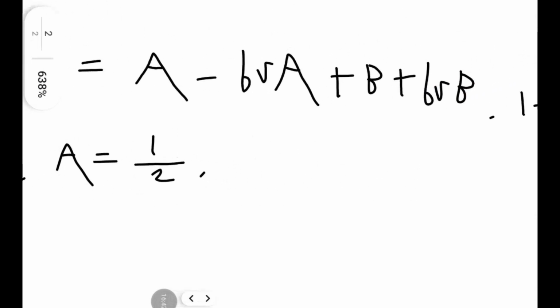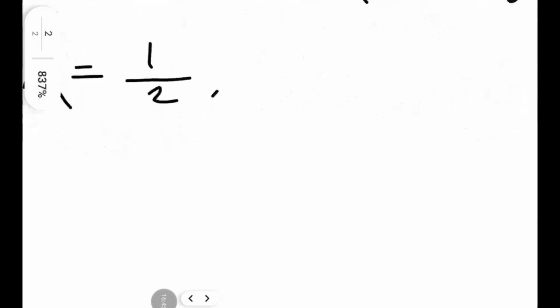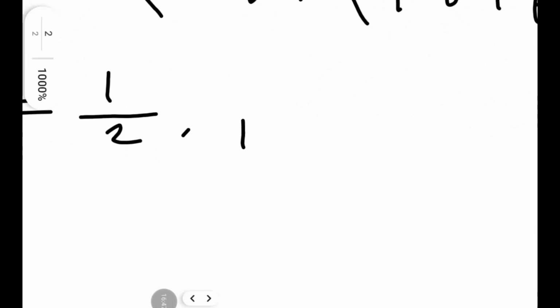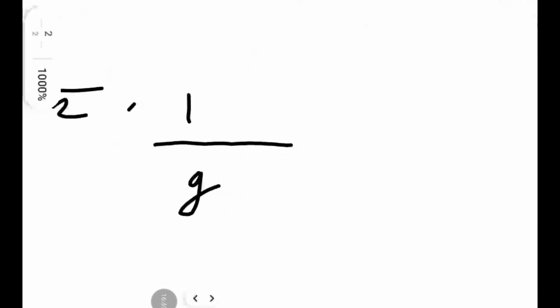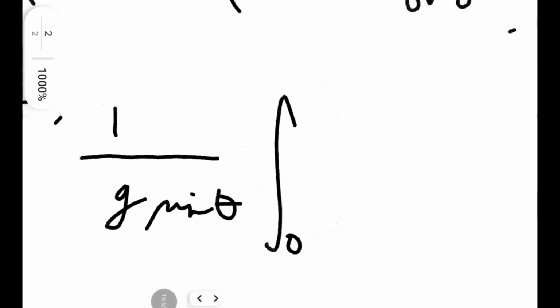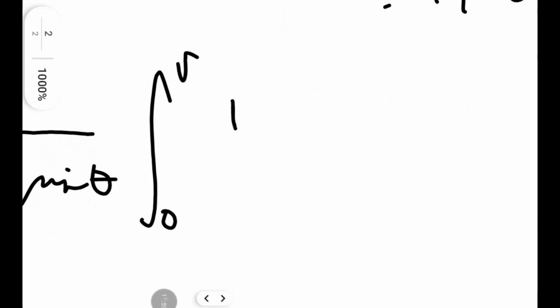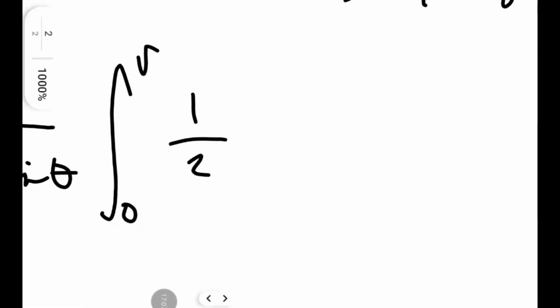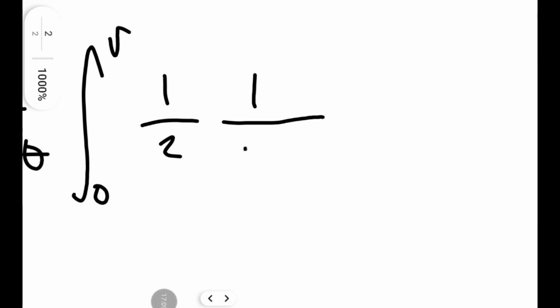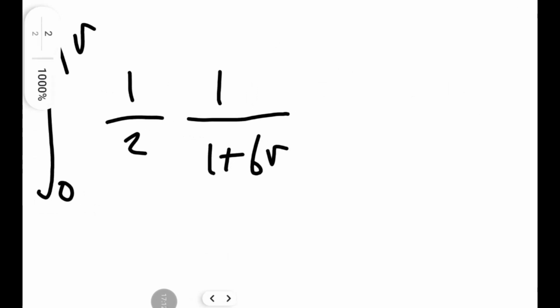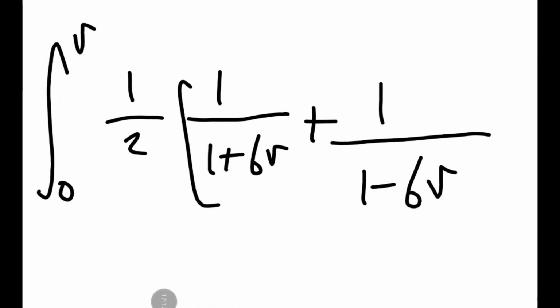Okay, so now we have that, we can rewrite the whole thing as 1 over g sine theta, the integral between 0 and velocity, of a half, because they're both equal to a half, times 1 over 1 plus bv plus 1 over 1 minus bv, dv. We know this to be true.